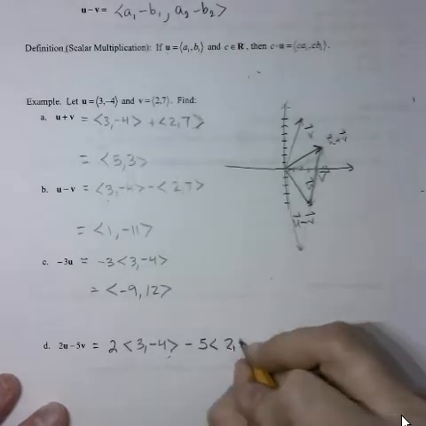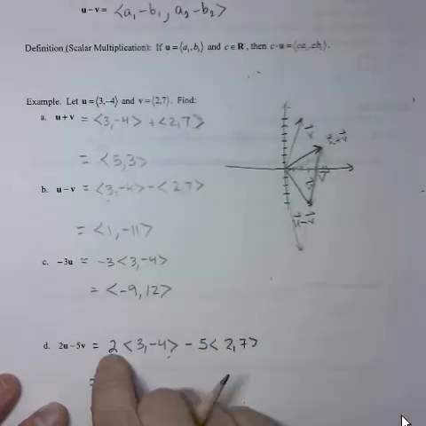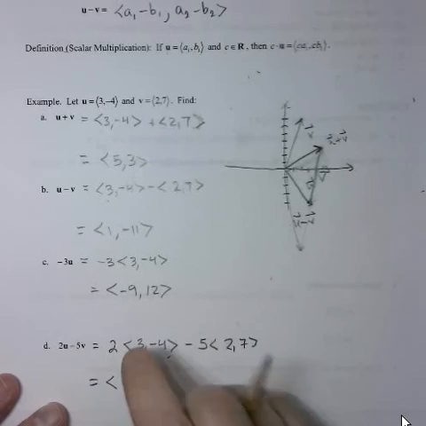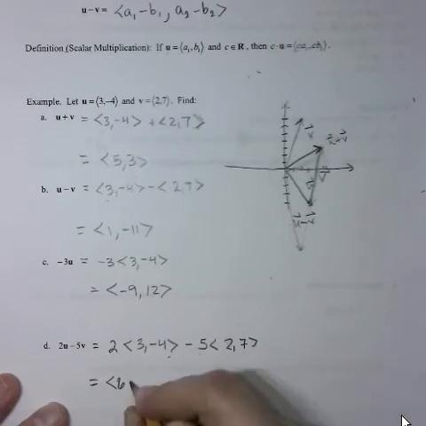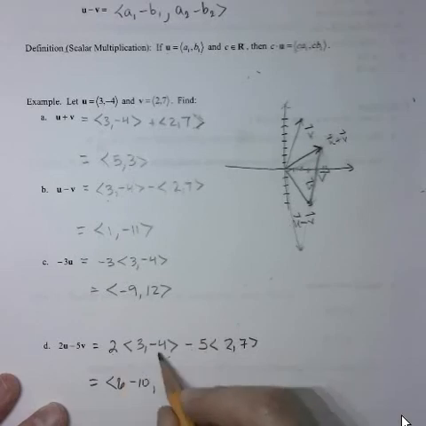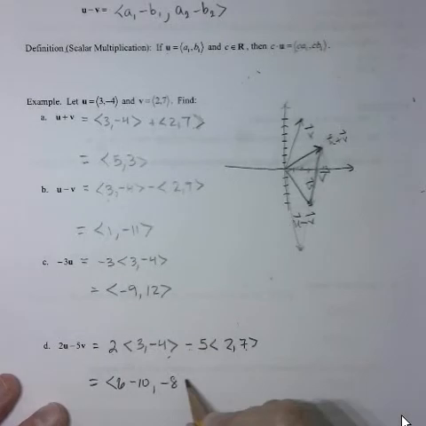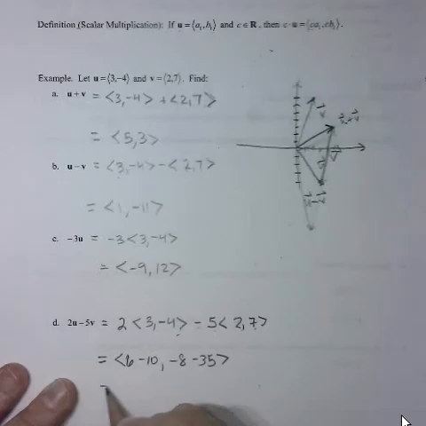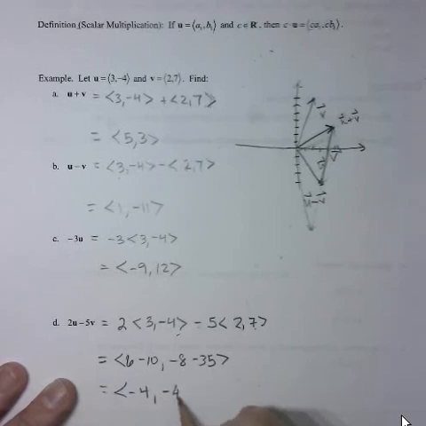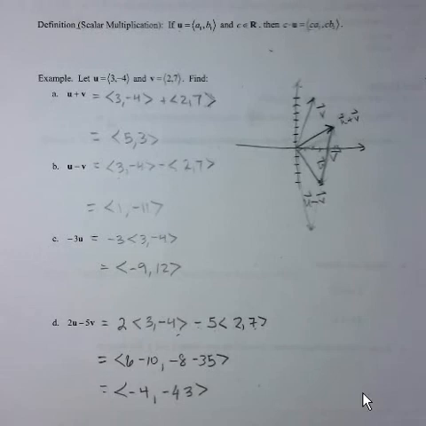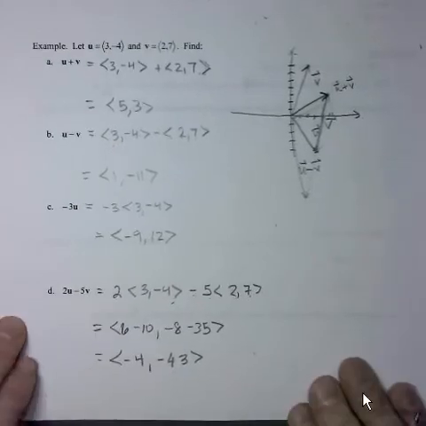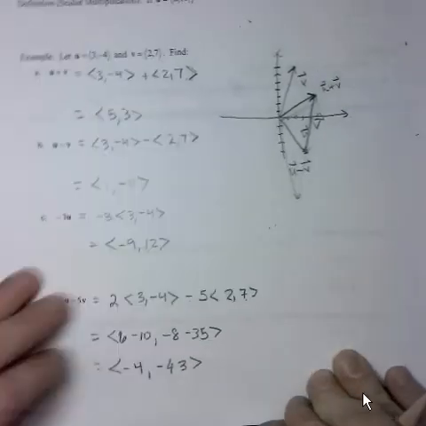So 2 times 3 is 6. And then minus 5 times 2 is negative 10. 2 times negative 4 is negative 8. Minus 5 times 7 is negative 35. So we end up with negative 4, negative 43 as our answer. All right, so anything like this should be really easy to calculate.